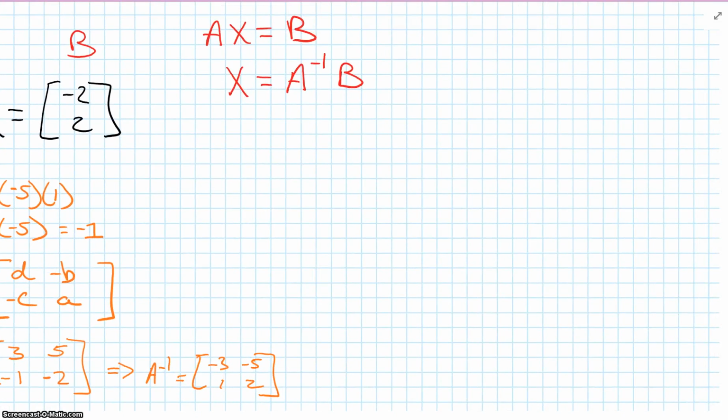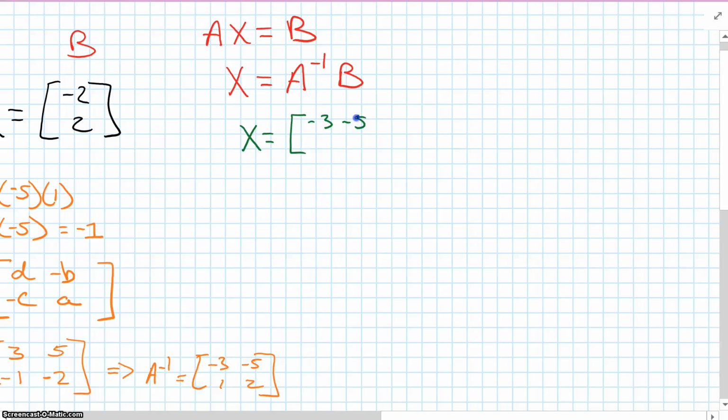Going back to X equals the multiplicative inverse of A times B, X equals our A inverse values, negative 3, negative 5, 1, 2, multiplied by our B value, negative 2, 2.